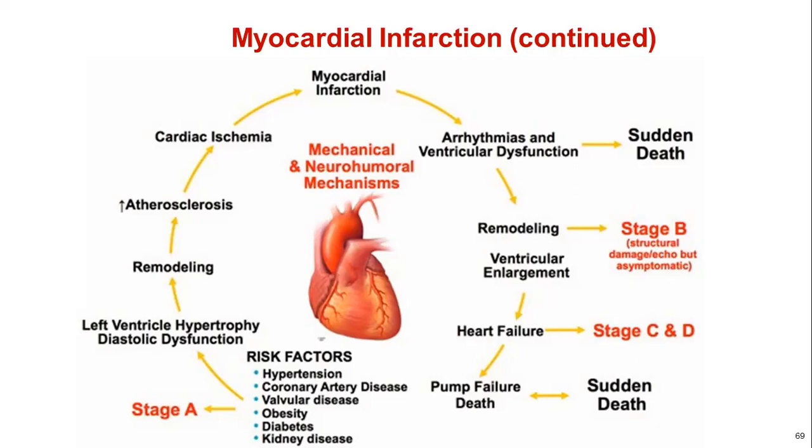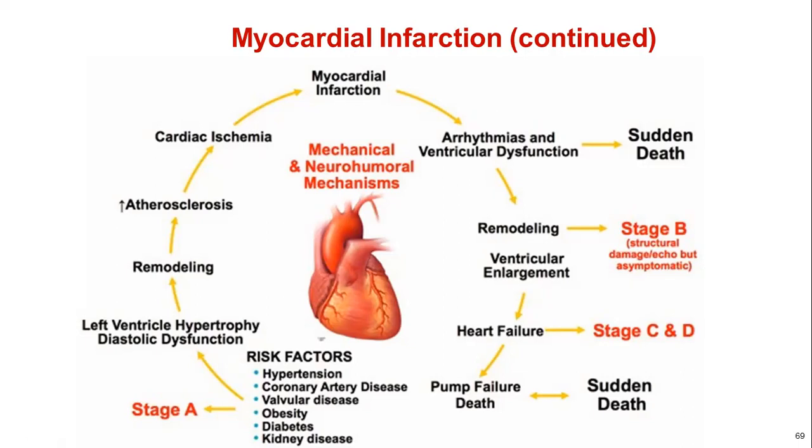If we do not take care of it, it leads to cardiac ischemia. And cardiac ischemia leads to MI or myocardial infarction, ischemic change because of less blood supply, and during work the demand increases, but our heart is not enough to meet the demand.